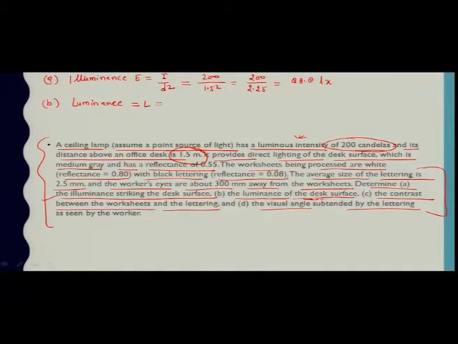That is L, and that can be calculated as ER upon pi. Here E has been calculated as illuminance, so E is 88.8, and R is given here: it provides direct lighting of the desk surface, which is medium gray and has a reflectance of 0.55.